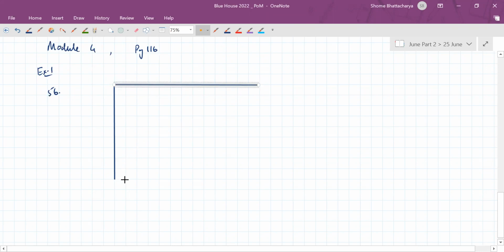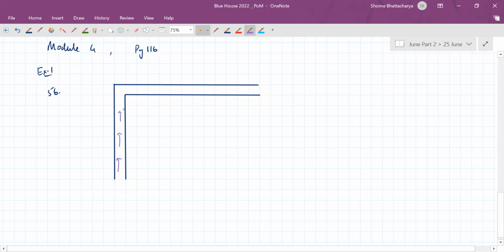So this is in the horizontal plane. Gravity is going into the plane of the board here, let's say. Let's say we have some liquid which is flowing like this.